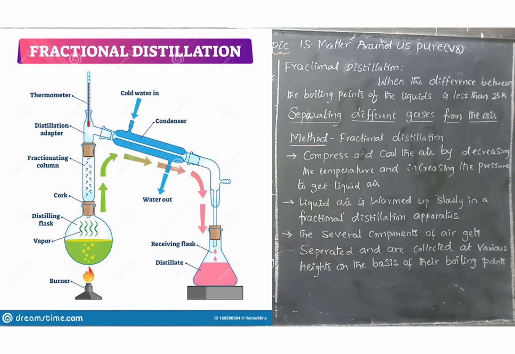Very important, my dear children: all of you learn all the activities in the textbook, since only some important points are put on the board. If you refer to the textbook clearly and learn the activity, it is the simplest manner. All of you read all the techniques, how to separate constituent particles from the mixture.